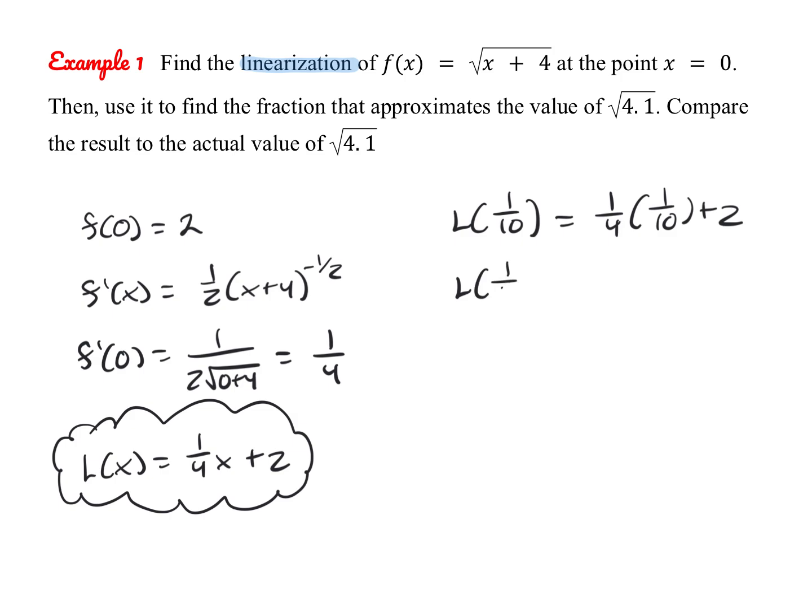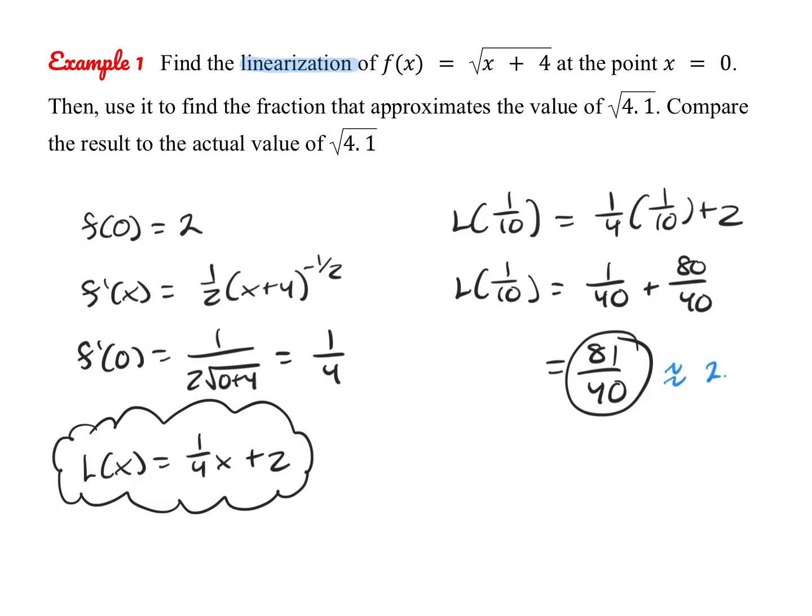So we'll do L of 1/10, so 1/40 plus 80 over 40. So we have 81 over 40. This is a fraction that approximates that value. Just to see how close we are, let's find the decimal approximation. If you do 81 over 40 in your calculator, you get 2.025.